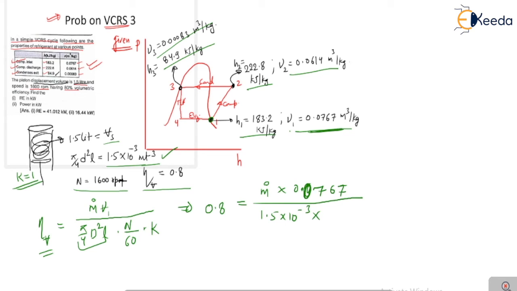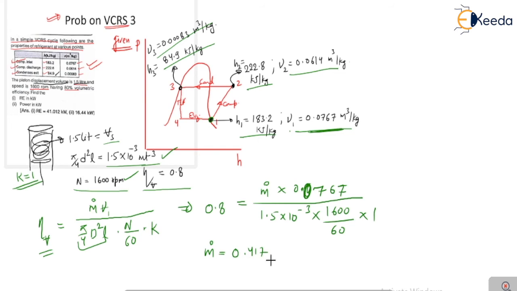Okay, and what is your RPM speed? That means 1600 divided by 60, and the number of cylinders is only 1. So from here you have to get your mass flow rate. After the calculation, using the calculator, you have to calculate it.